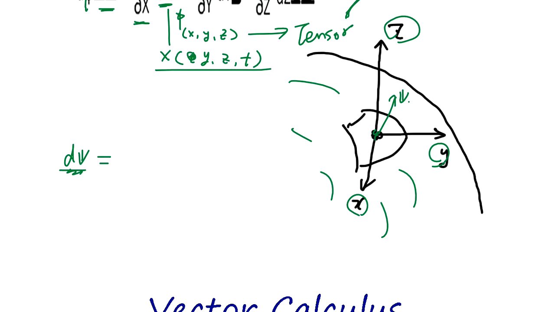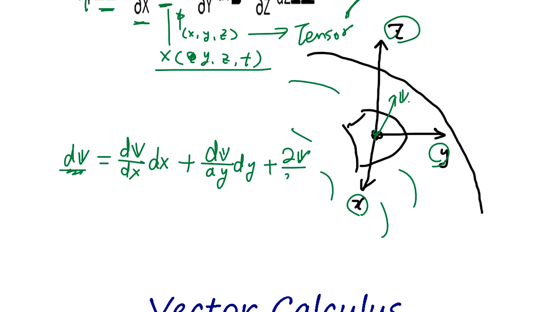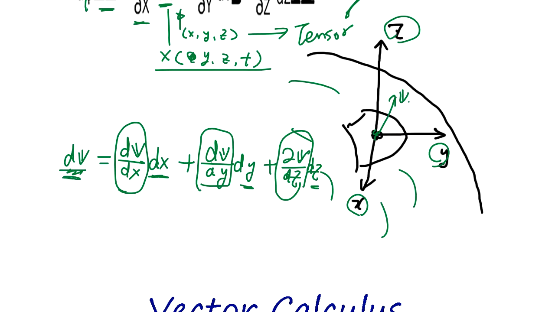It's going to be this derivative, the rate of change in each direction, multiplied by the quantities dx, dy, and dz, which gives the total change, and v can be a set of numbers.